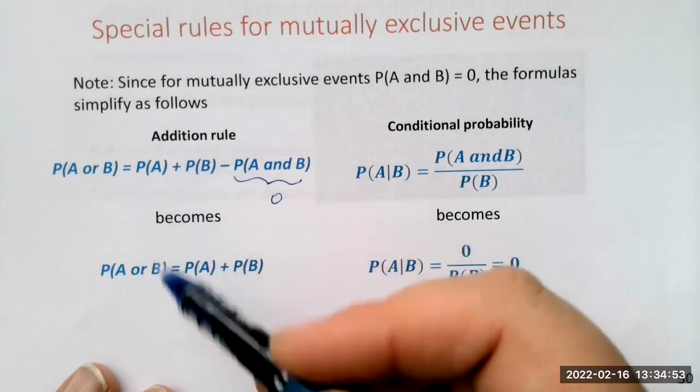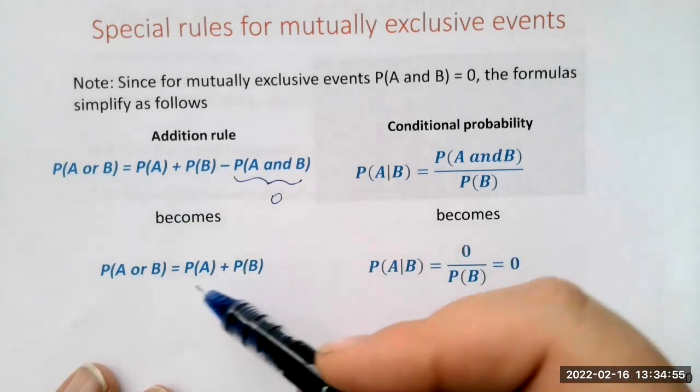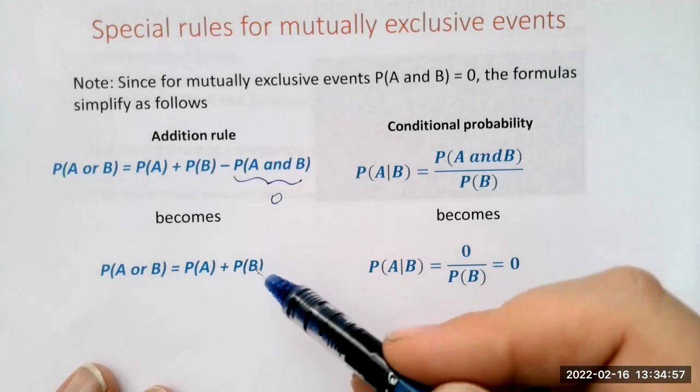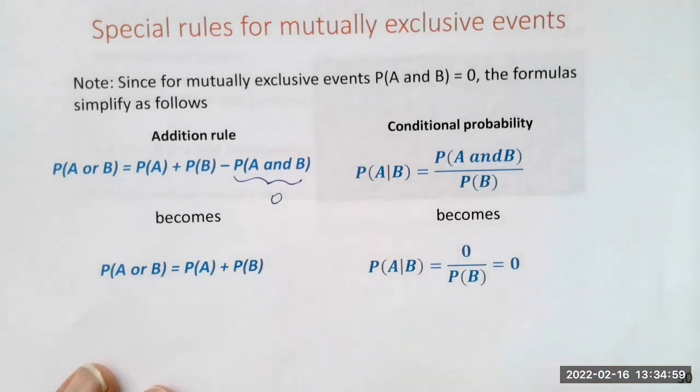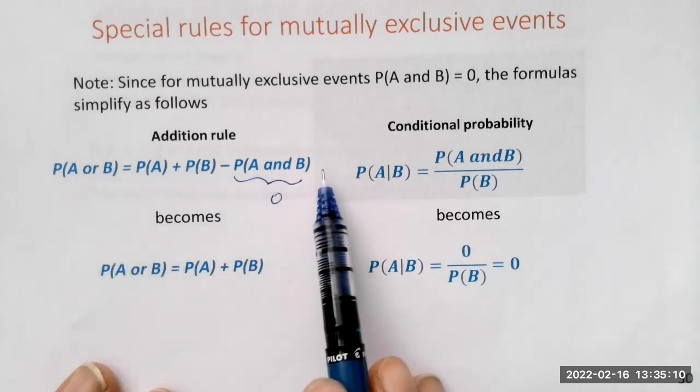And so our addition rule just simplifies to probability of A plus probability of B. Again, as a reminder, please remember that it simplifies to this only when events are mutually exclusive. If they're not, the full addition rule still works.